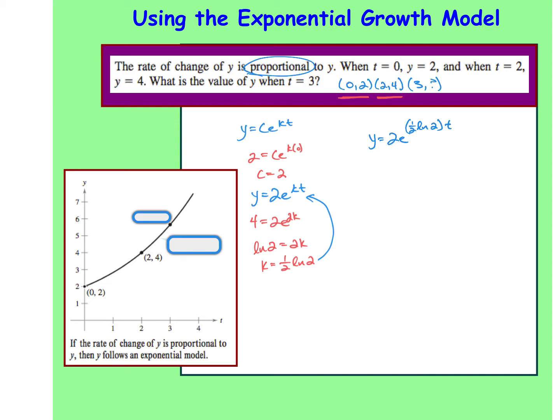I need to solve for y when t is equal to 3. So I just substitute in 3. So y equals 2e to the 1/2 natural log of 2 times 3. All right, we end up with 5.6569. All right, pretty good in the hood.